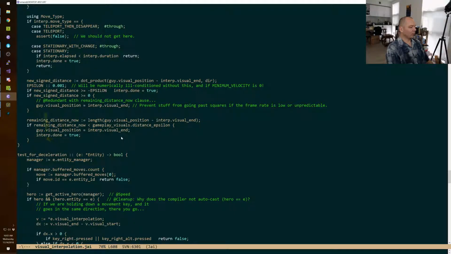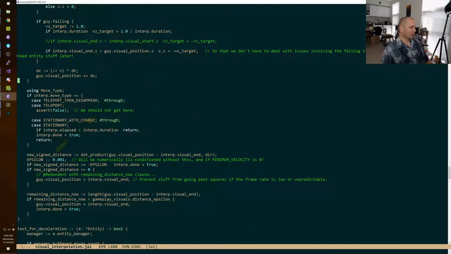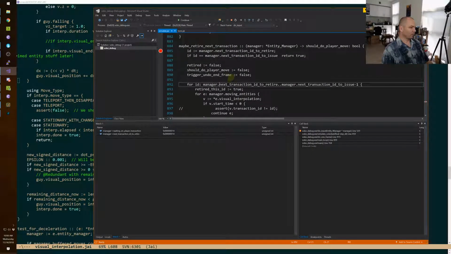So we just set the done flag and return if we're stationary. We do this stuff. Let's see any real problem.